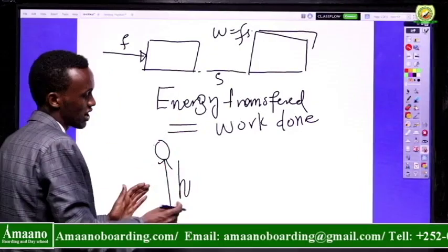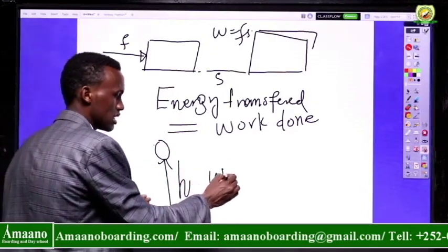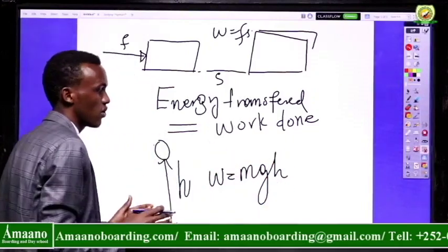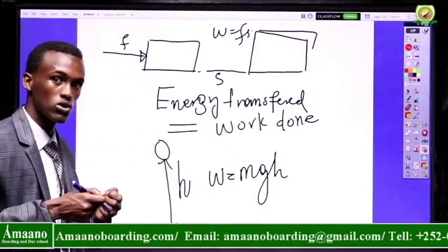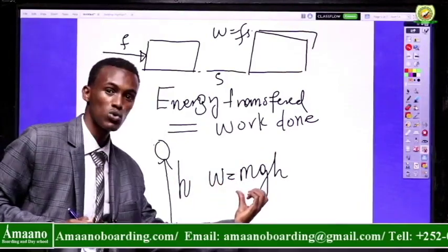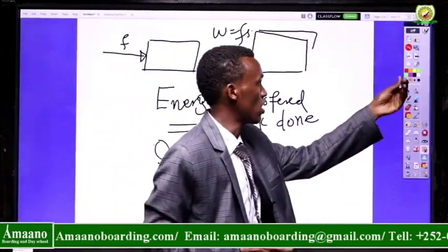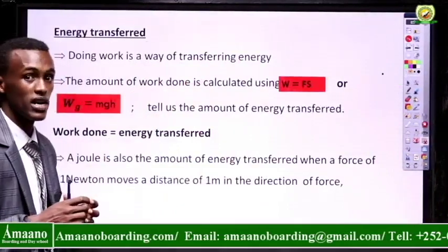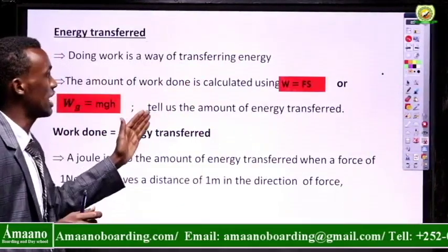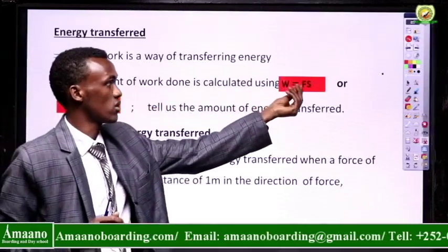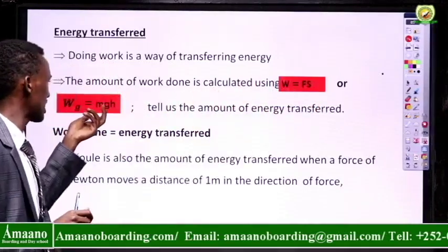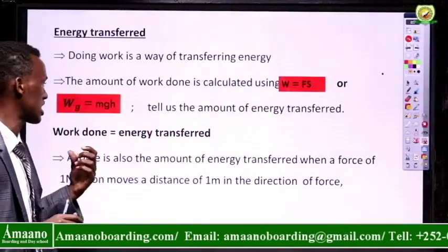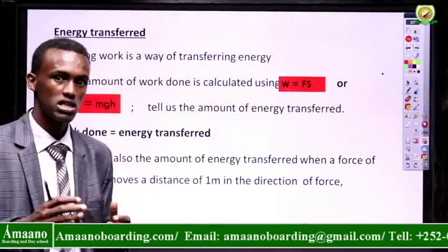So the amount of work done is equal to mgh. Therefore, the energy you transfer to the box is equal to the amount of work done. Therefore, doing work is a way of transferring energy. The amount of work done is calculated by using Fs, or work done by the gravity mgh. This tells us the amount of energy transferred. So work done is equal to energy transferred.